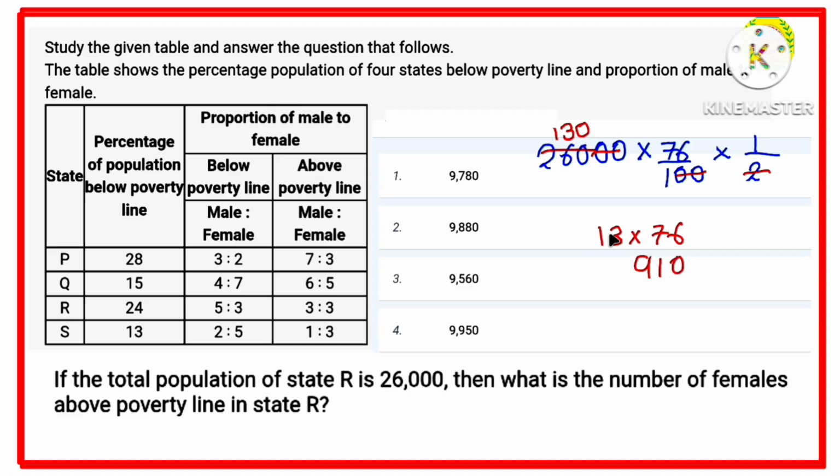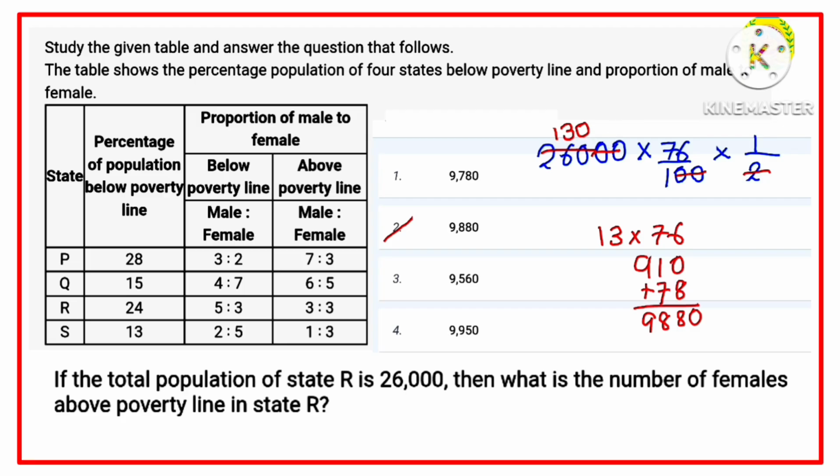Here we are left with 6 more. So 13 sixes are 78. Write it over here, then add it up. So we are getting 988. You had a 0, so add it. You will get your answer as 9880. So this is your final answer.